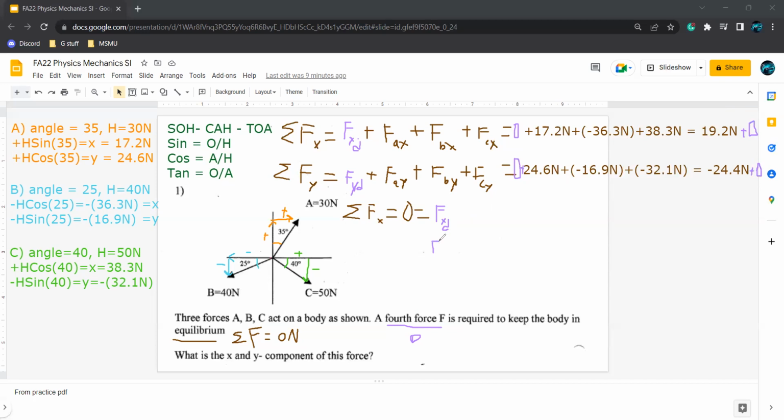Just write the y one. Sorry it takes me so long to write this stuff. And again, the y is going to be equal to 0.